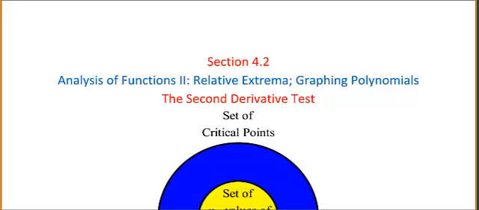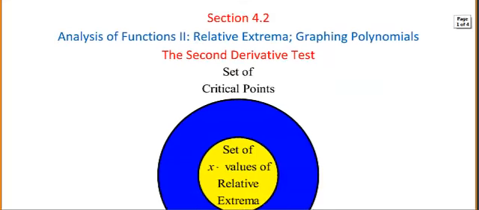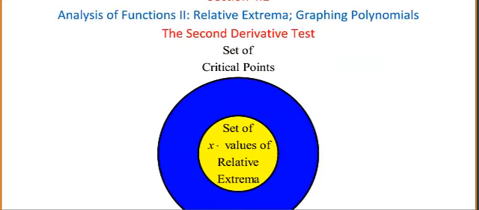In the last video, we talked about relative extreme values, relative extrema, and critical points. What we said is that among the critical points are the set of x values for relative extrema. But some of the critical points were not x values of relative extrema.